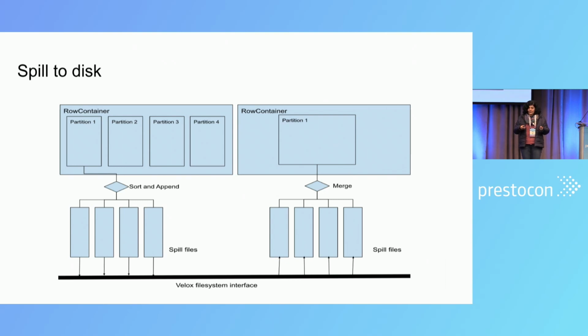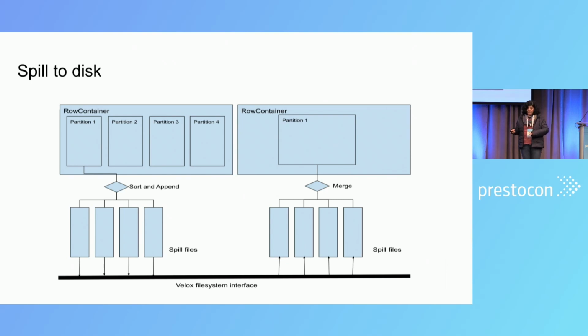And when you spill to disk, we use this fancy sorted spill. So we sort the data by a combination of the partition key followed by the order key, because if we read it back in that order, we will get the stream in the order in which we want to execute the window function on that stream and send it to the output. So we do this sorted spill, and what you get is a list of spill files, and Velox has this file system interface, and you write these spill files to that.